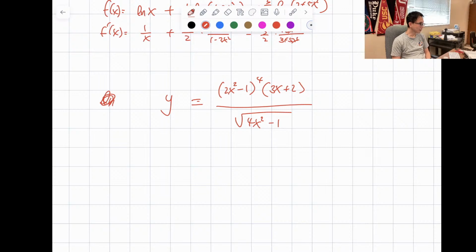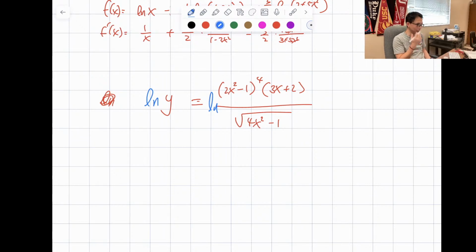All right. In this case, if you do chain rule, product rule, and quotient rule, you're going to be here all day. So what we can do is take the natural log on both sides. And then now it becomes a new function with natural log of y.